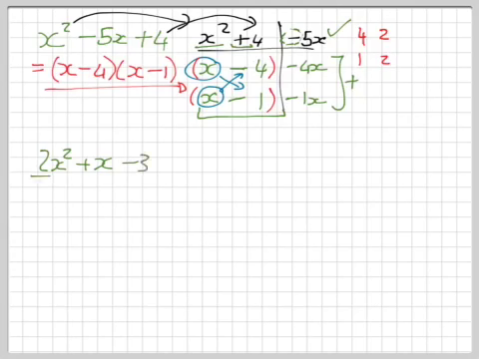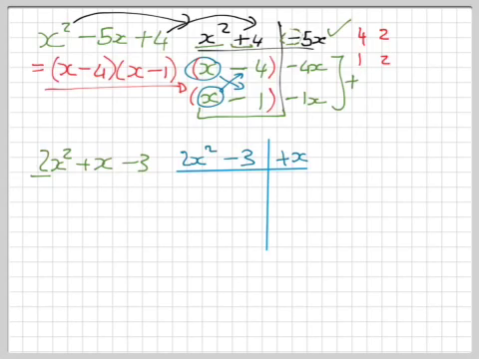The only difference is that the moment I go to my table, now I just do 2x squared there. And then I do my negative 3 there and my plus x there.